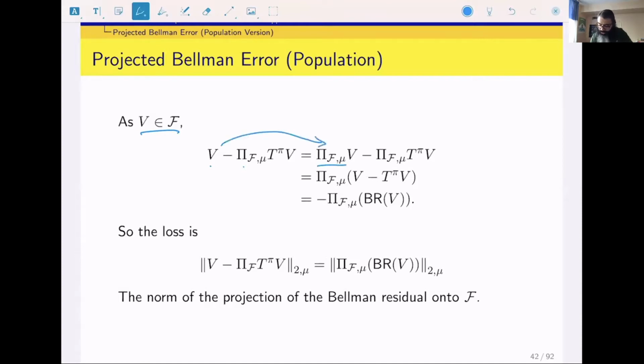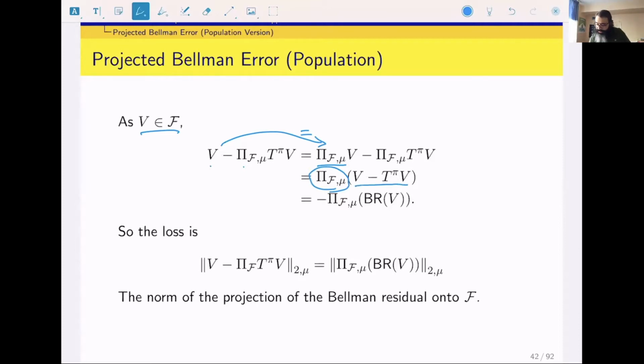This is because if V belongs to function space F, the projection of that point to that space would be itself. And the projection operator is a linear operator, so I can take the parentheses and write it as capital Pi, the projection operator, applied to V minus T pi V.